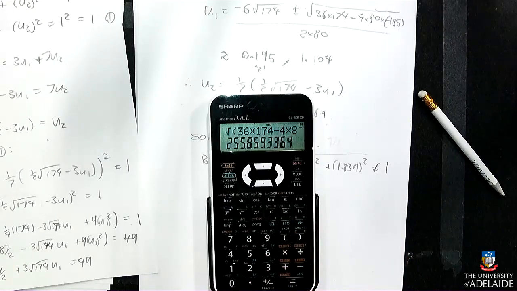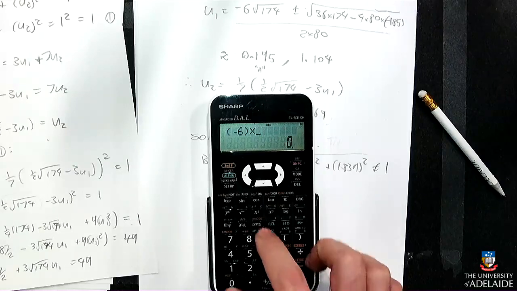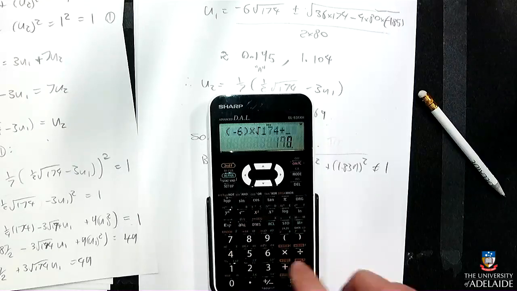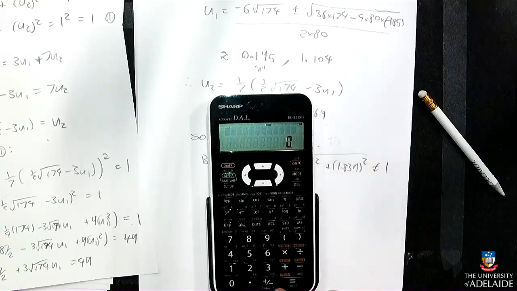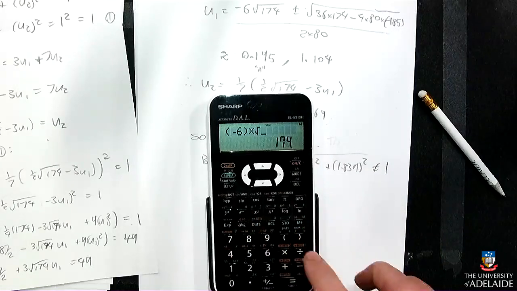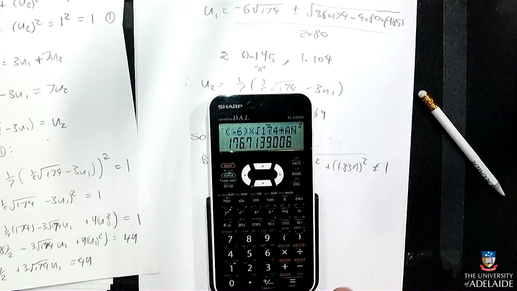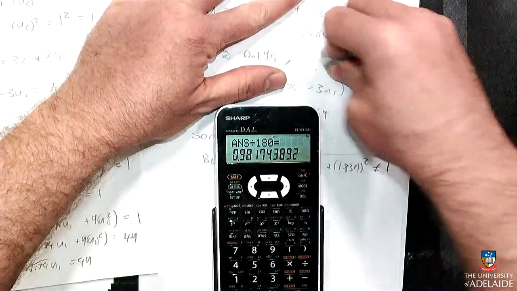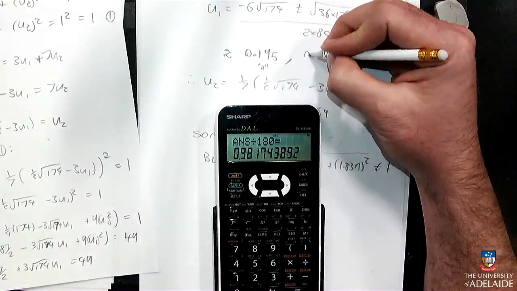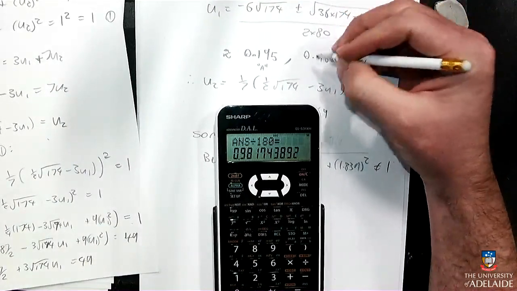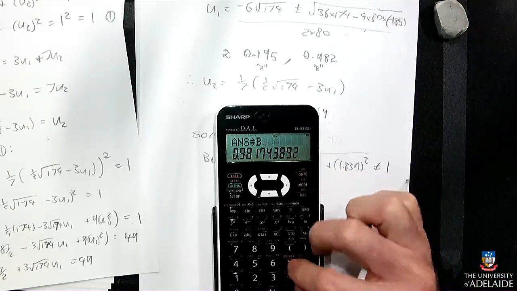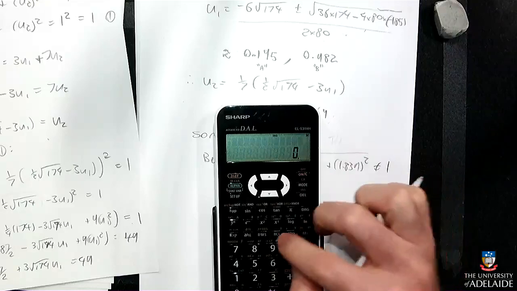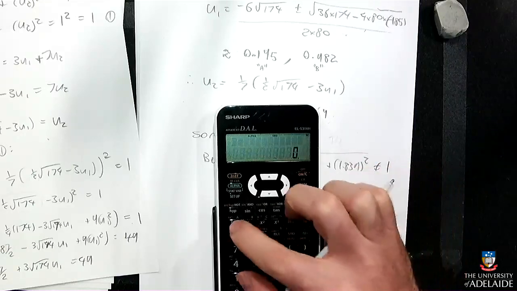Okay. Minus 6 times root 174 plus that answer. Right. 0.982. Let's just store that in B. Recall A. Right.